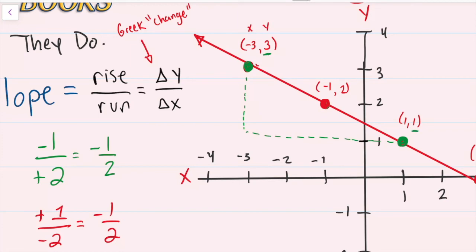That's my y. From 3 to 1, I went 2 down, which makes that a -2, correct? And from -3 to +1, let's count them: 1, 2, 3, 4. I went 4 to the right, which makes that a +4.